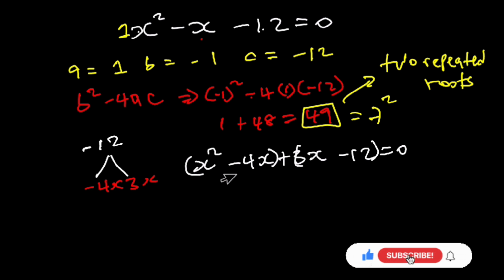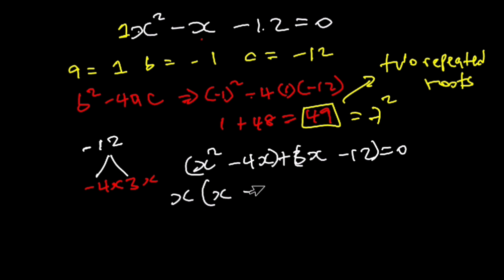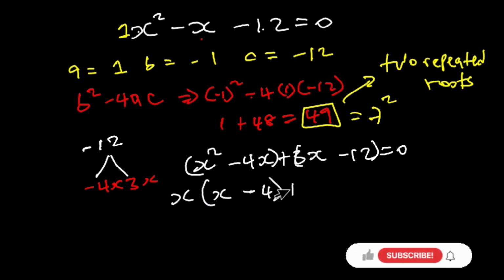X is common in the first parenthesis, so we're going to factor out x. So x squared divided by x will give us x, then minus 4x divided by x is going to give us 4, then plus what's common between 3x and -12. So 3 is common here, so we bring it out. 3x divided by 3 is going to give us x, then -12 divided by 3 is going to give us -4.